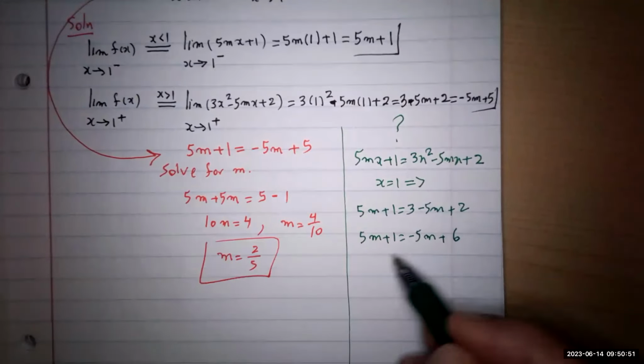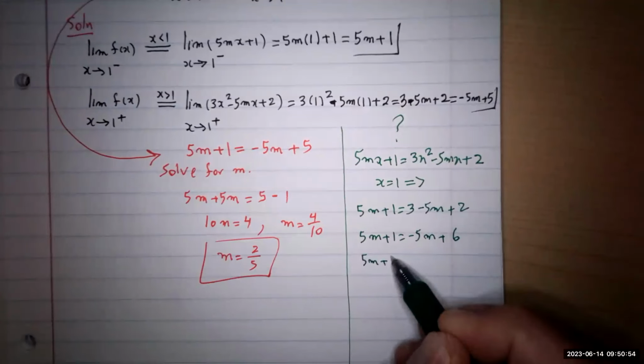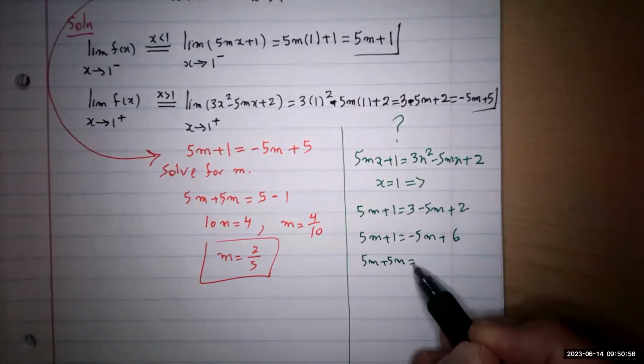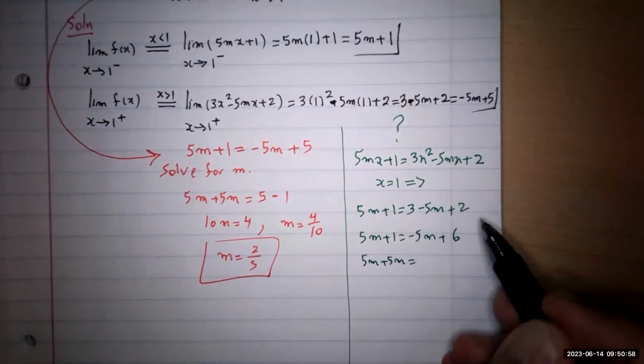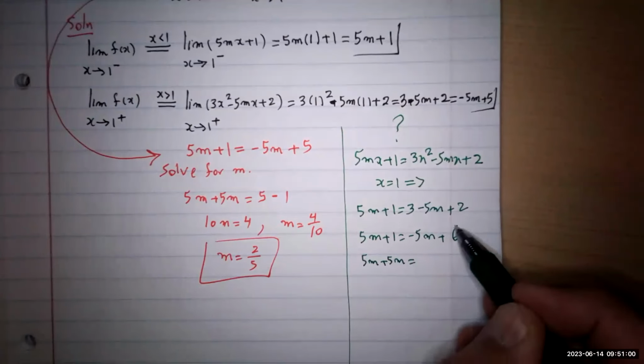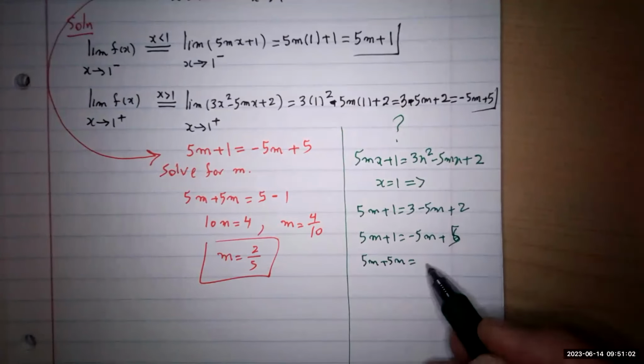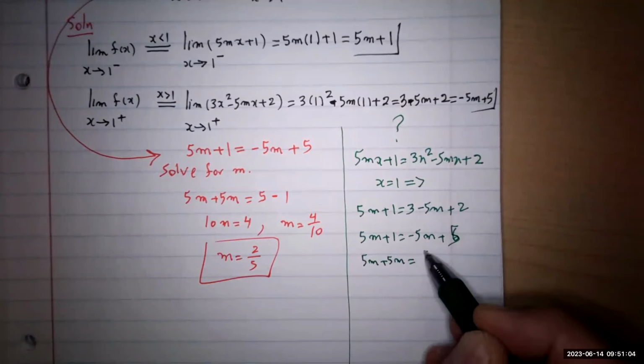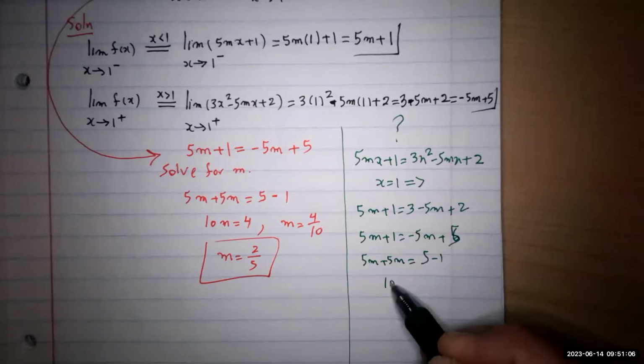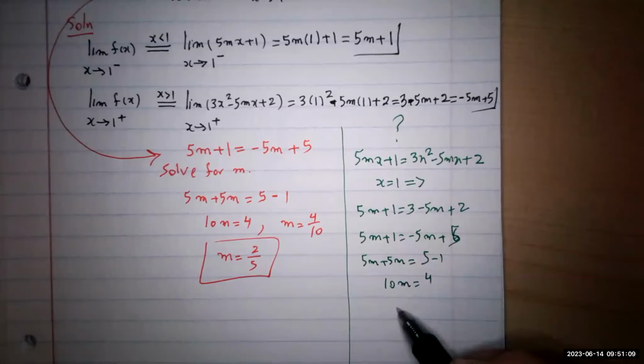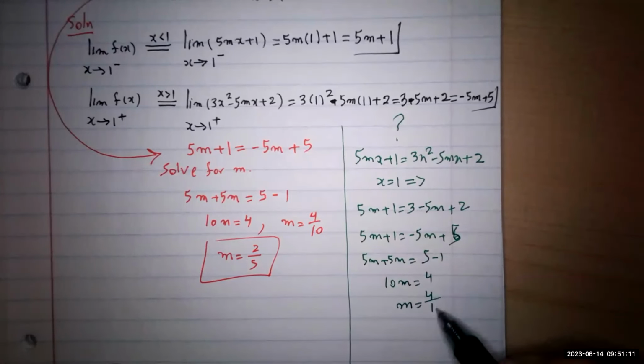Then they continue. It's 5m plus 5m, and over there we have, I'm sorry, that's 5. So they have the same thing, 5 minus 1, so that gives you 10m equal to 4. So m would be 4/10, and m would be 2/5.